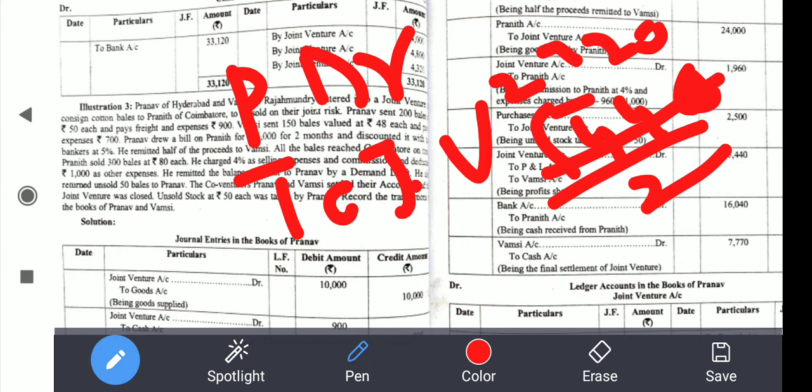When we receive the amount from Pranit, being cash received from him, we write the journal entry bank account debit to Pranit account, and if any amount is paid to Vamshi, we write Vamshi account debit to cash account. Okay, so this is the solution for the joint venture account.